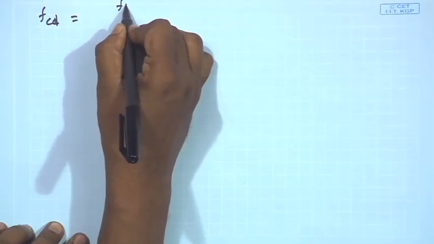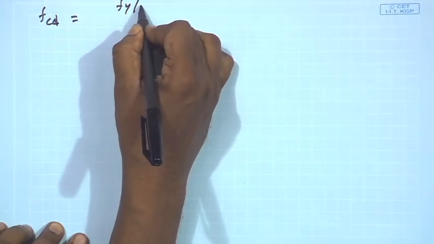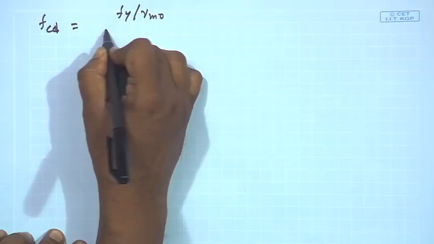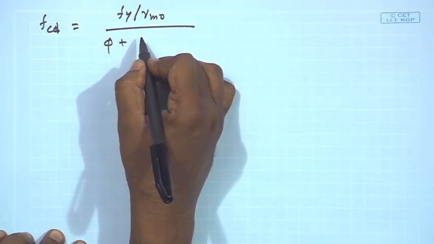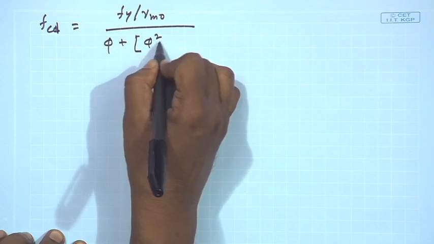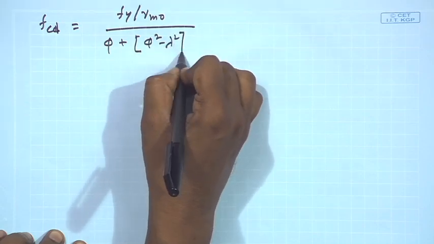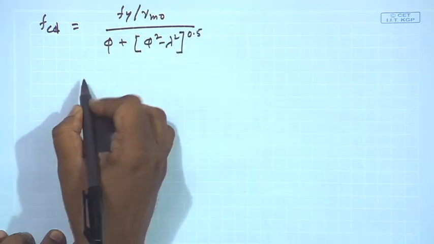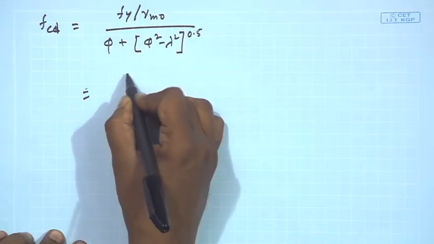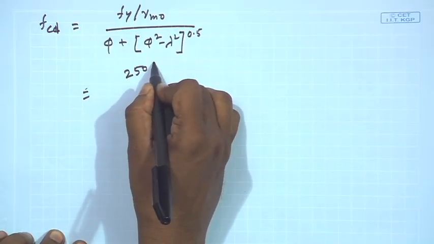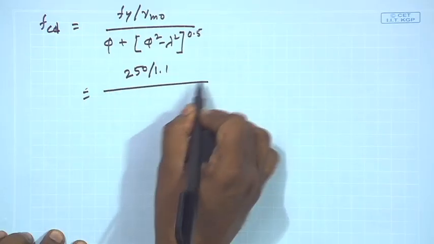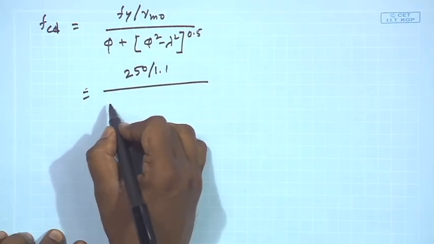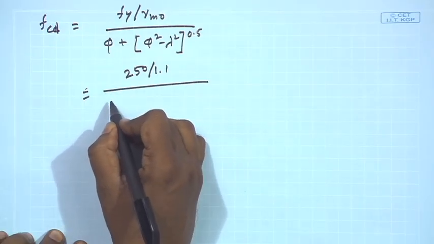Now, from this I can find out the value of FCD, the design compressive stress. We know the formula is Fy by gamma m0 by phi plus phi square minus lambda square to the power 0.5. So, if I put those values, I will get 250 by 1.1 by phi value.